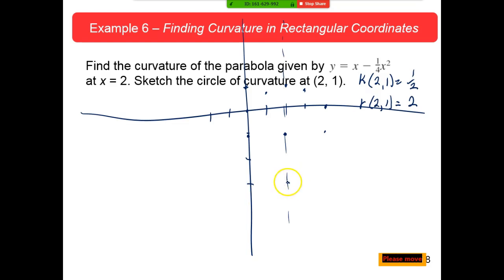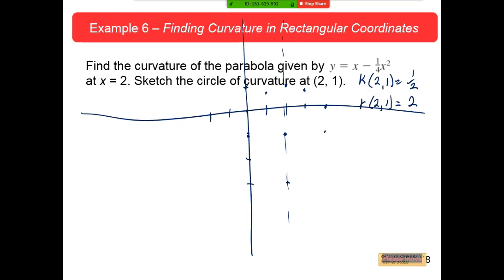I'm sorry, I said it backwards, 2, 0, 1, the center is 2 below here, so that's at 2, -1.